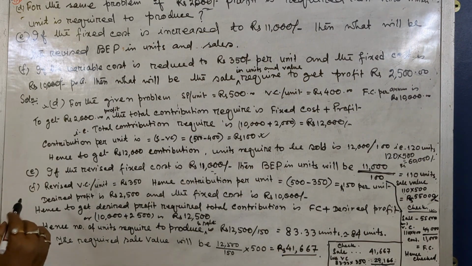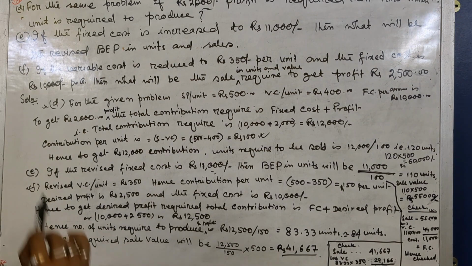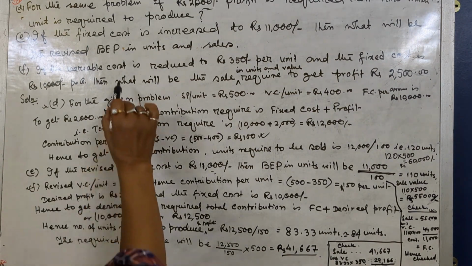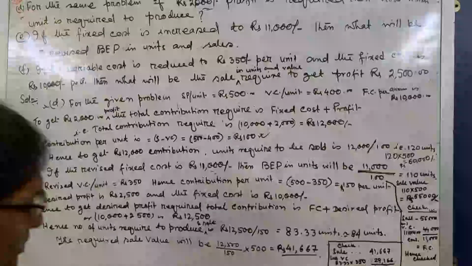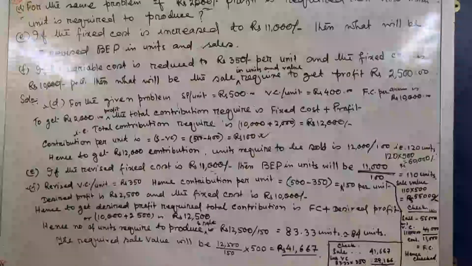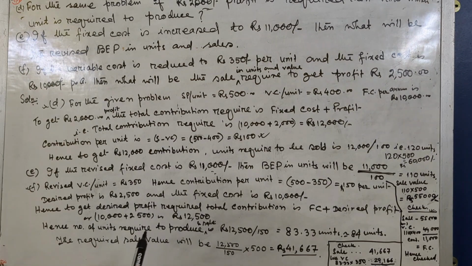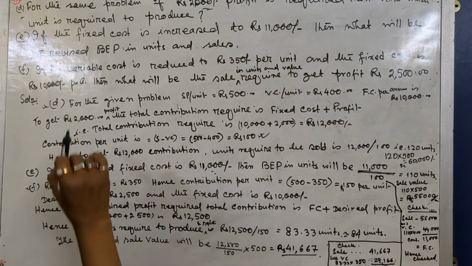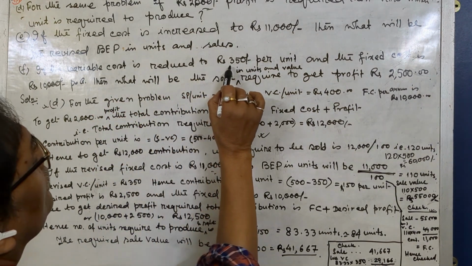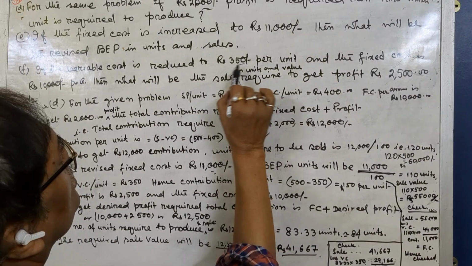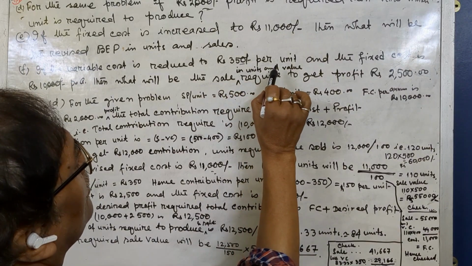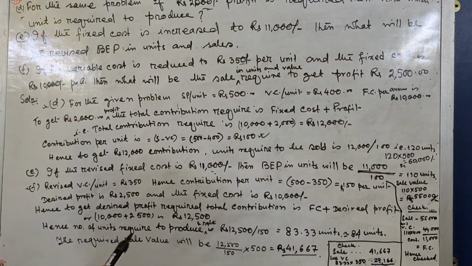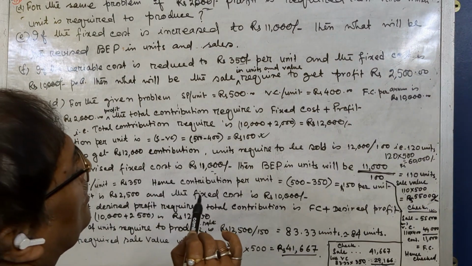Now coming to the last part of the problem. If the variable cost is reduced, say due to any reason the cost of material has been decreased, and for that the variable cost has been decreased to rupees 350 per unit in place of rupees 400 per unit.